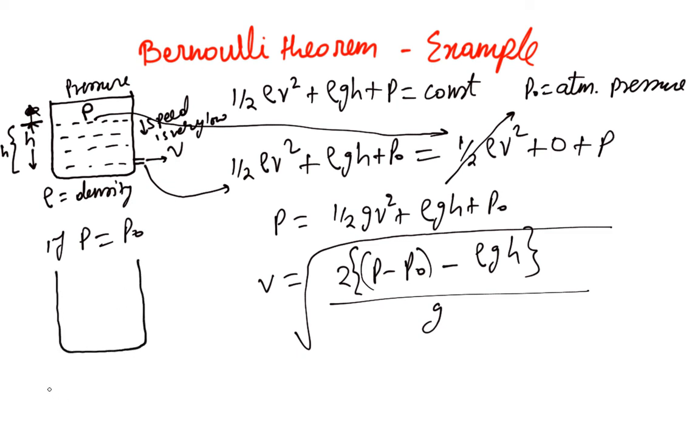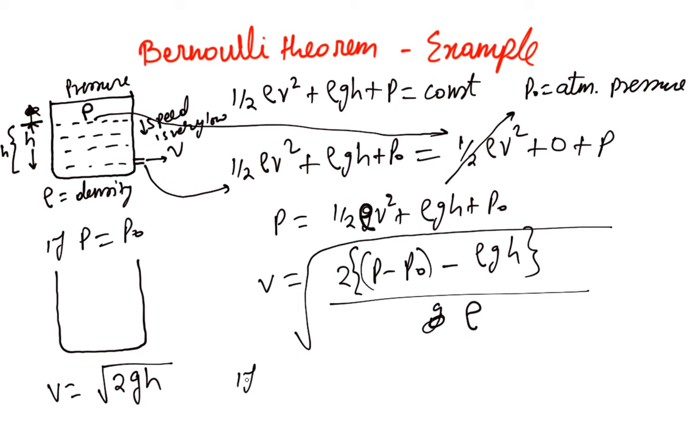Then we know v is going to be... I think I made a mistake here. This should be rho here, and similarly it should be rho here. So that gives us the square root of 2gh. You see, this is the same as the velocity of free fall. The object just falls freely, and this is the velocity we get after height h.